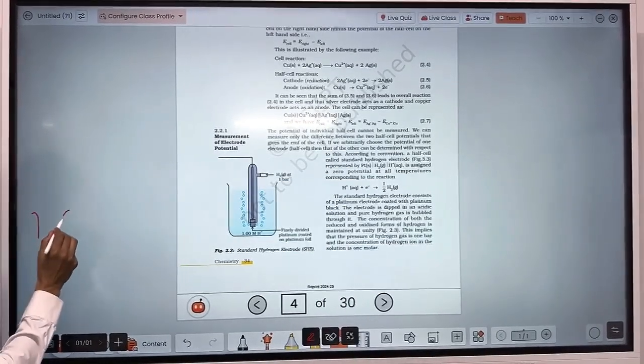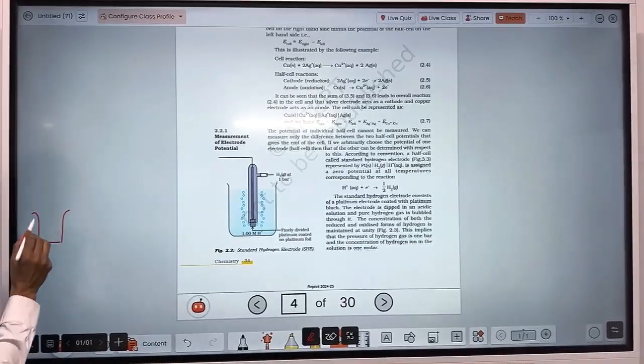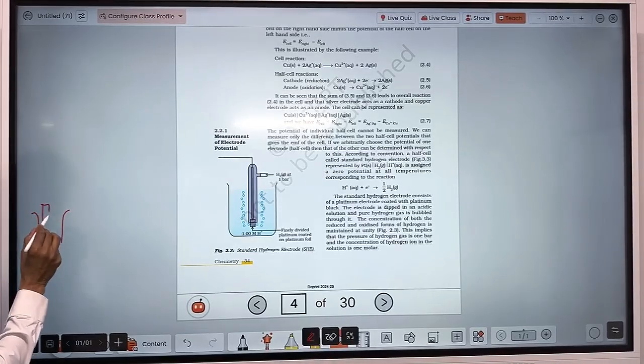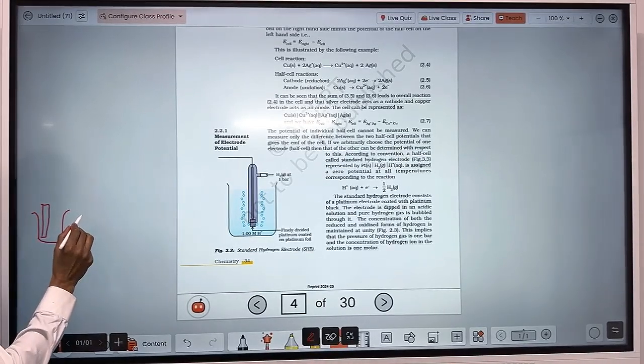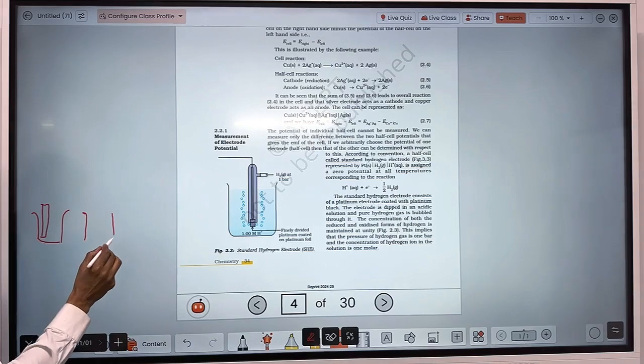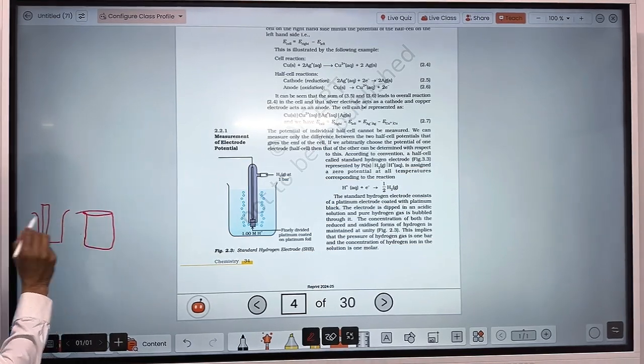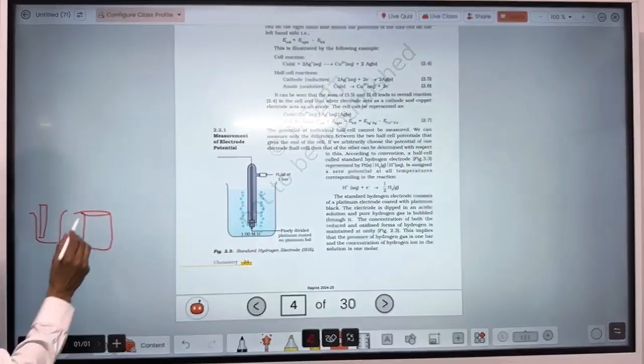We take a vessel in which we put a zinc rod, and here the hydrogen electrode.